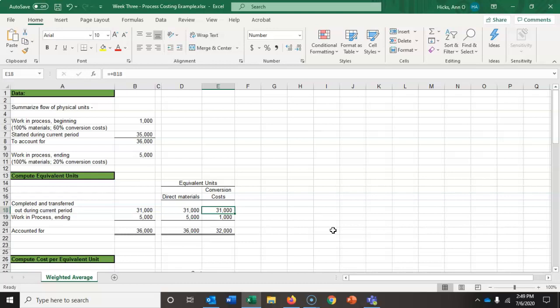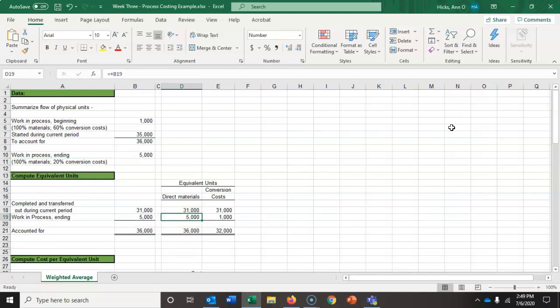This is only because we know they're 100% complete. For the ending work in process, we need to know what the percentage completion is. And I gave us this information right here, 100% as it relates to materials, 20% as it relates to conversion costs.